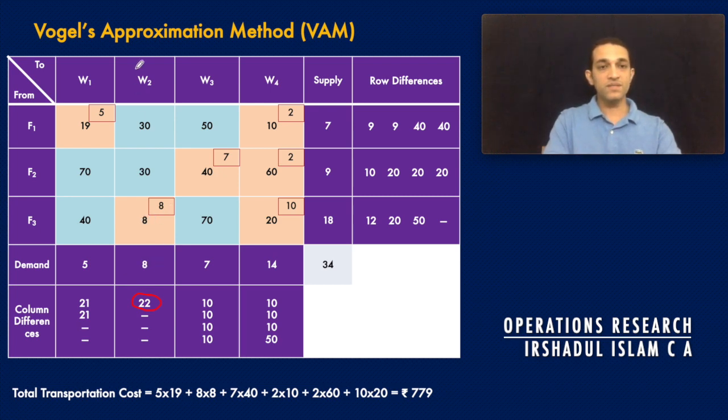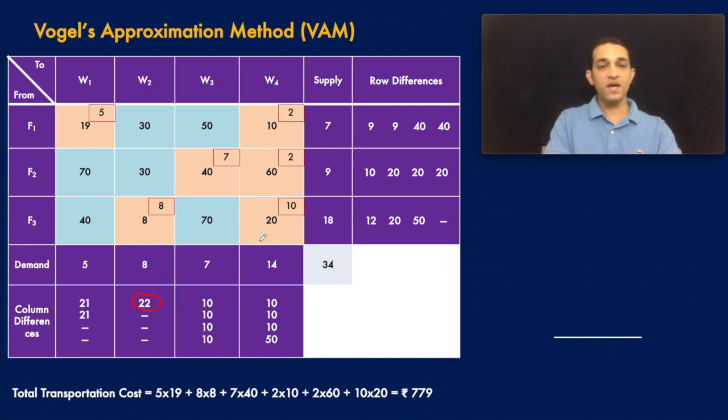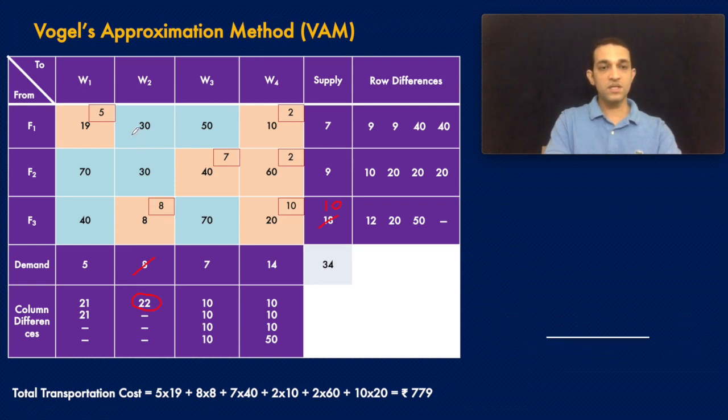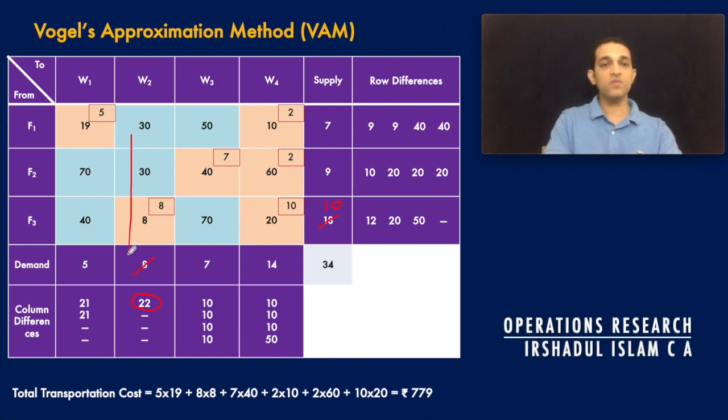So here we will check this warehouse demand is 8 and this factory can supply 18 units. So it is easy to allocate 8 units there and the remaining 10 we will put here. This 8 units will be exhausted, so the column will be removed for the next iteration.